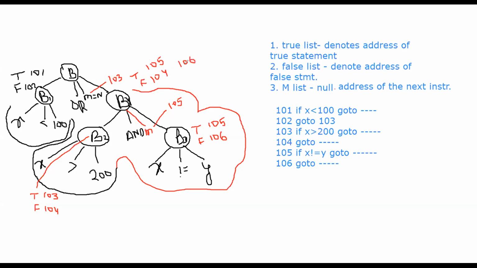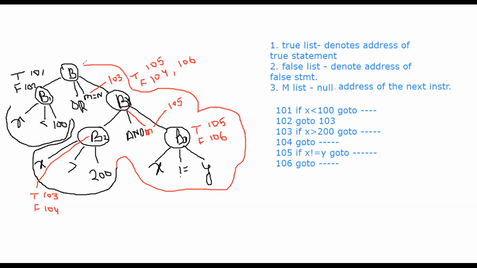Now again I'm repeating. At the final reduction of the AND condition, the true list will contain the address which is written in the M list, and the false list will contain the union of the false list of B2 and the false list of B3. Now B4 reduction is completed.